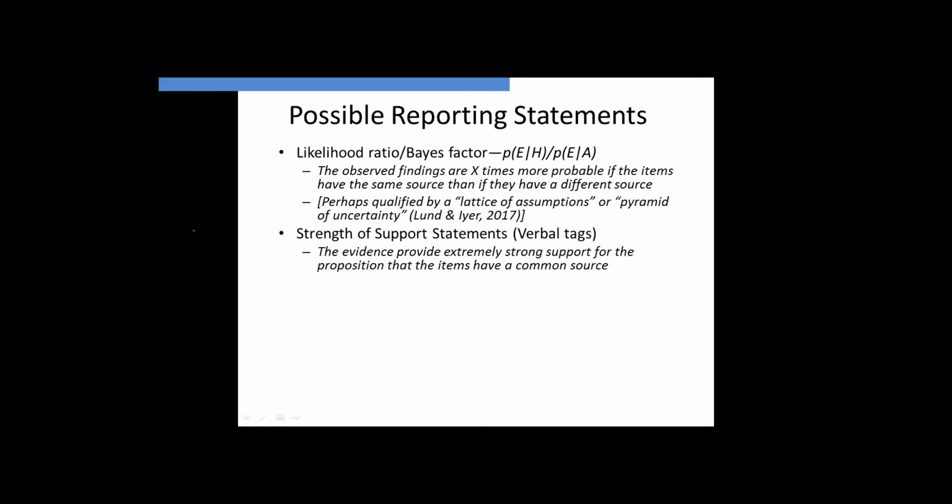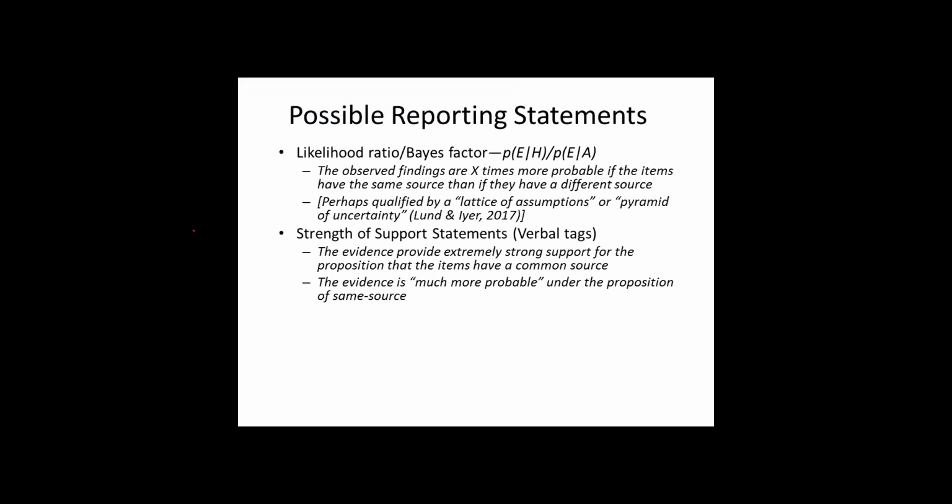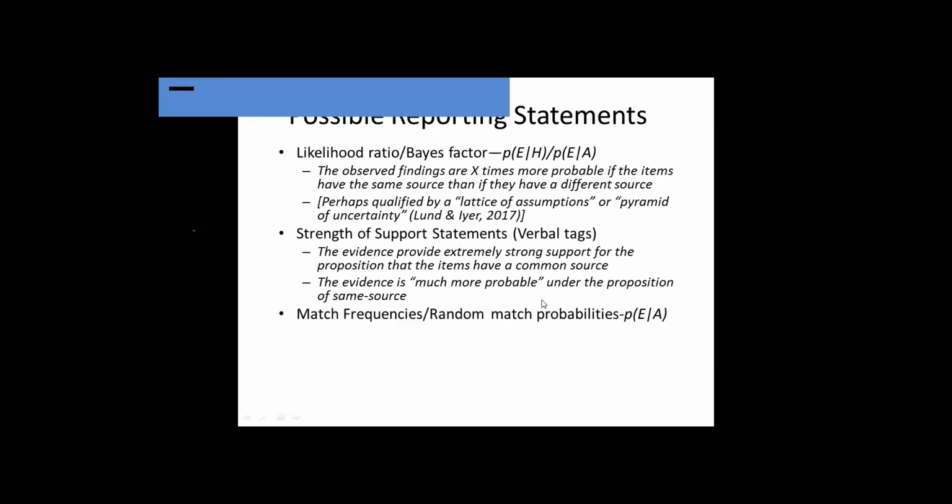So if the likelihood ratio were, say, 100 or 1,000, they might say it provides moderately strong or extremely strong support for the proposition that the items have a common source, that the evidence is much more probable. So using verbal labels to state what is essentially a likelihood ratio. And other approaches are similar.